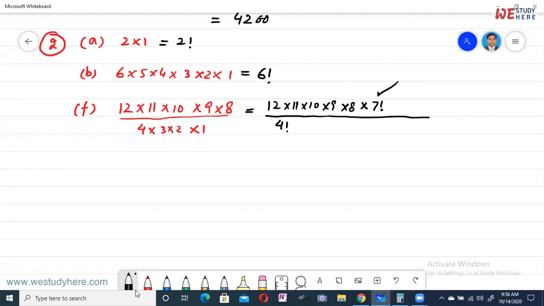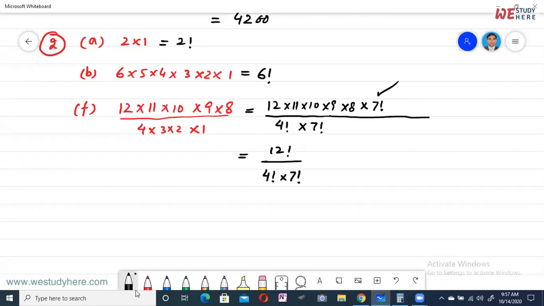If we are multiplying by 7 factorial, then we have to divide by 7 factorial as well. Then in the numerator, we can write 12 factorial divided by, in the denominator, 4 factorial into 7 factorial. You can see here all the terms are in factorial. Now this is in the form of factorial.